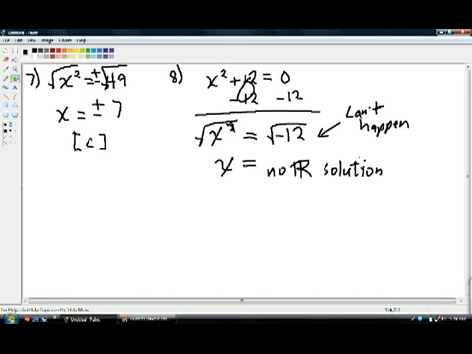So in this case, like I said, when I have a negative underneath the square root, that's not allowed. I can't have that. There's nothing times itself that'll give me a negative answer. So the correct answer for number 8 is choice D. No real solution. And that's your examples from the guided practice, AM objectives 96 and 97.